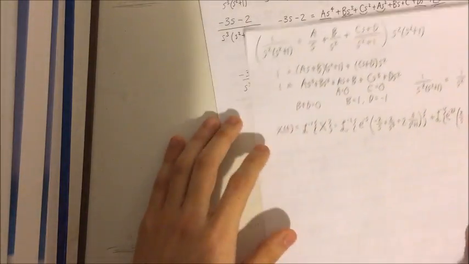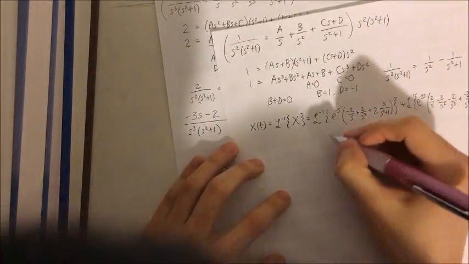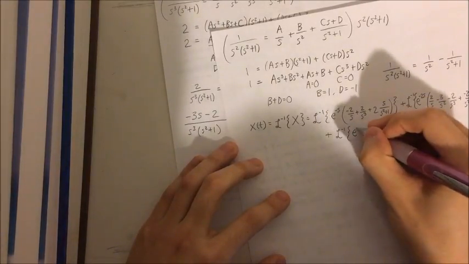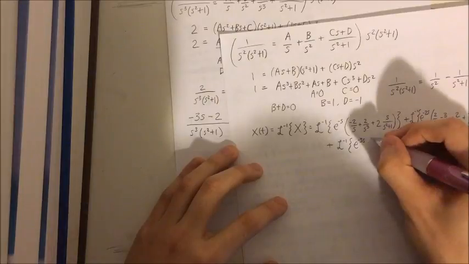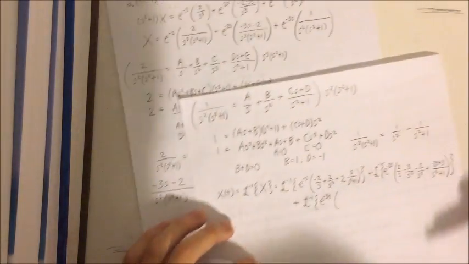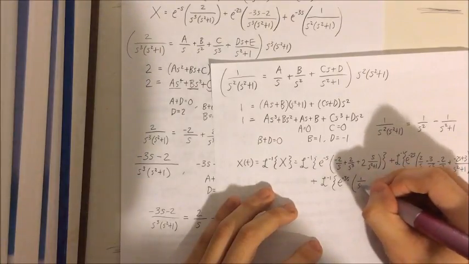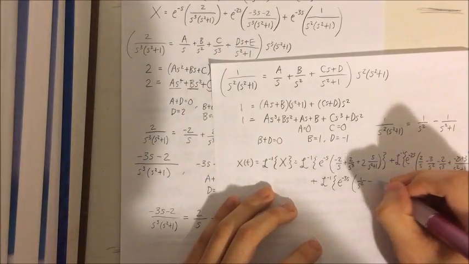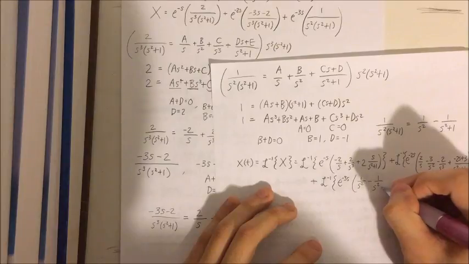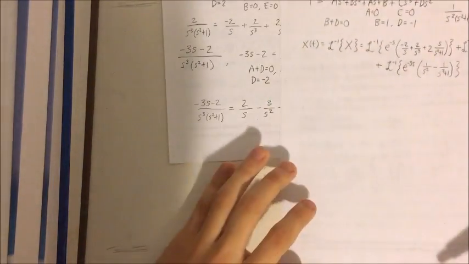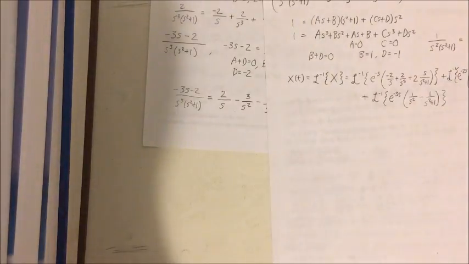Hope the video isn't taking too long. And then the inverse Laplace transform of e to the negative 3s times, what was this? Well, again, it's up here: s squared minus 1 over s squared plus 1. So now we know our function of t is basically this, and that's our answer.